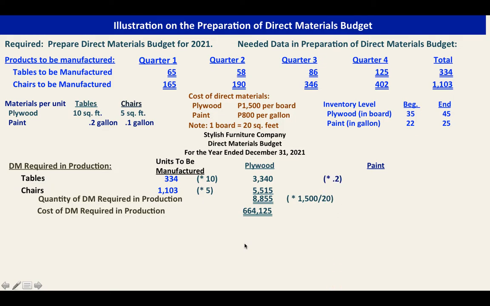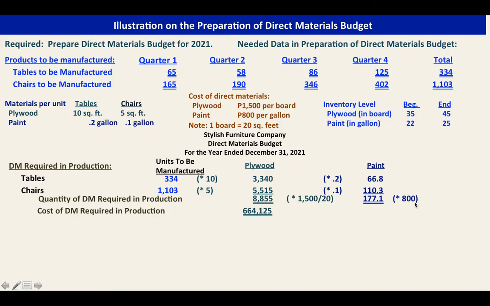For paint, what we are going to do is multiply by 0.2 because for tables it needs 0.2 gallons. So 334 times 0.2 will give you 66.8. Doing the same with chairs, multiplied by 0.1 will give you 110.3. So the quantity of direct materials required in production for paint is 177.1.